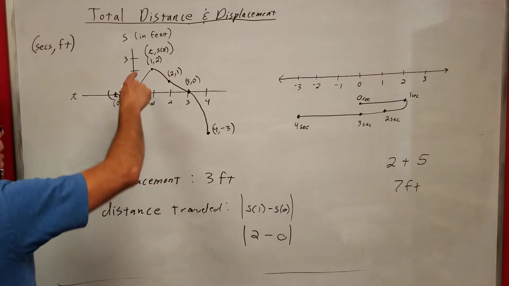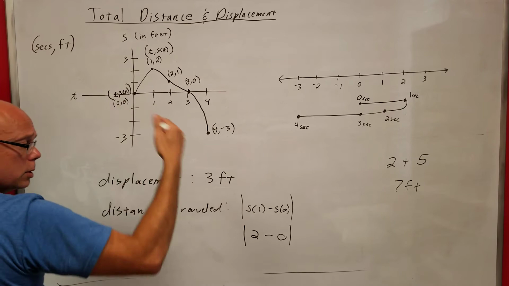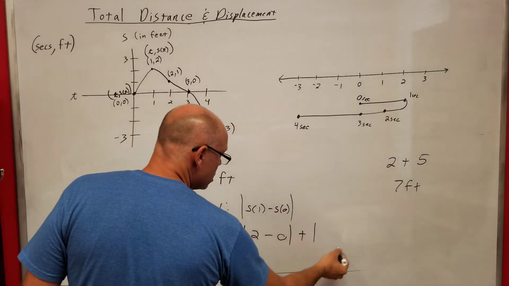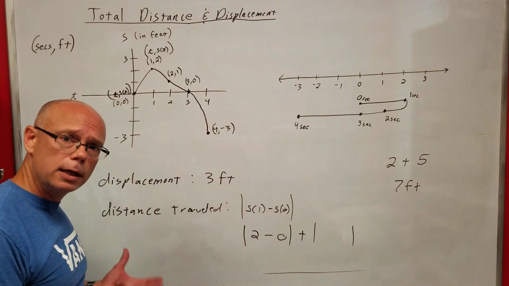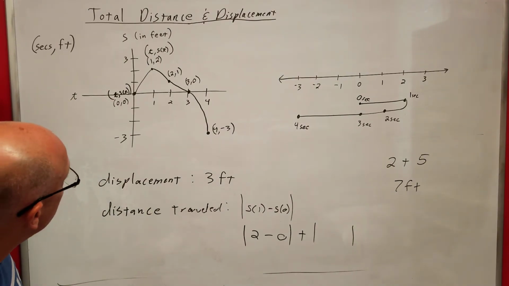All right, then we need to add this distance traveled from here to here. In other words, my particle was going to the left, so I need to add another distance. Now for distance, we're going to put it in absolute values. Therefore, if we mess up on a negative sign, it's not going to matter because we're putting it in absolute value anyway. Okay?